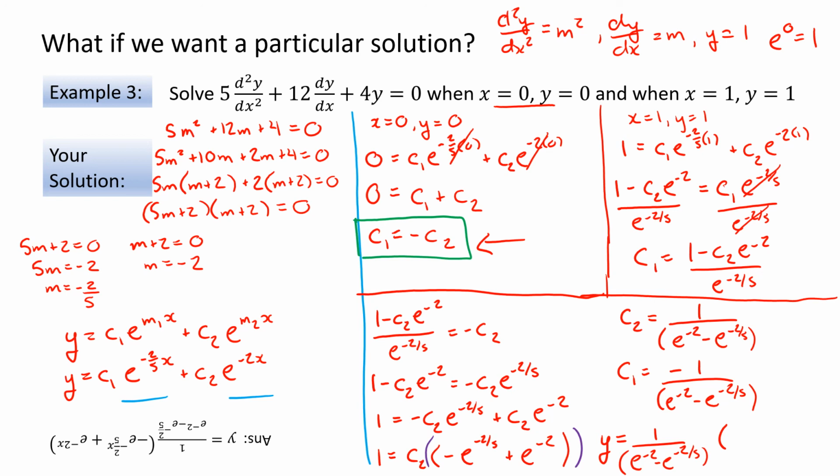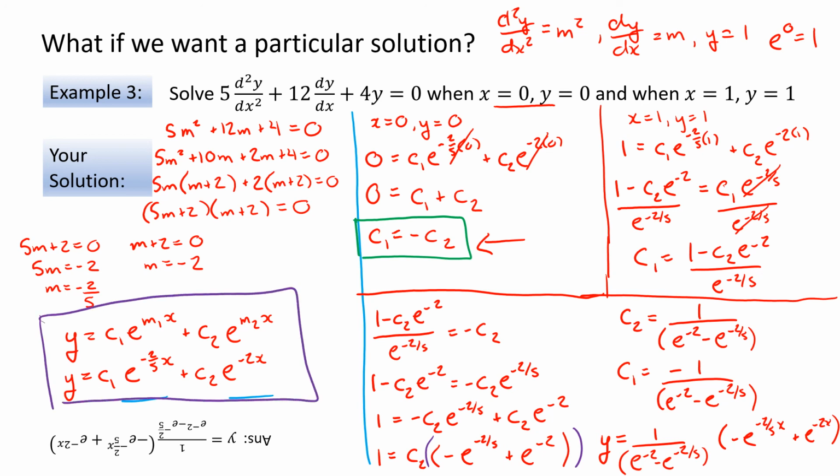Okay, so c1, if you remember, we still have a negative left. So c1 is negative e to the negative 2 over 5 x plus our second function e to the negative 2x. Okay, so all I've done here is I've substituted in the values of c1 and c2. The one step I skipped, and the reason I did was because I was running out of space here, was that both these constants have the exact same term: 1 divided by e to the negative 2 minus e to the negative 2 over 5.